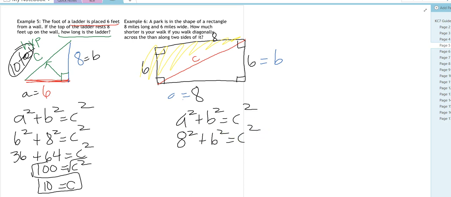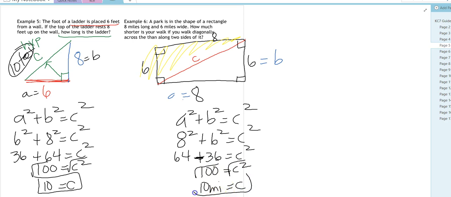This is actually kind of the same problem as the one right next to it. So 8 squared is 64. Plus 36 equals C squared. 100 equals C squared. Take the square root like we just did, and that's going to give us 10 miles is equal to C.